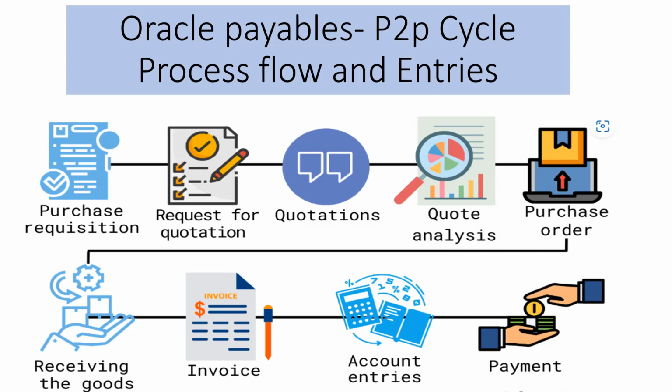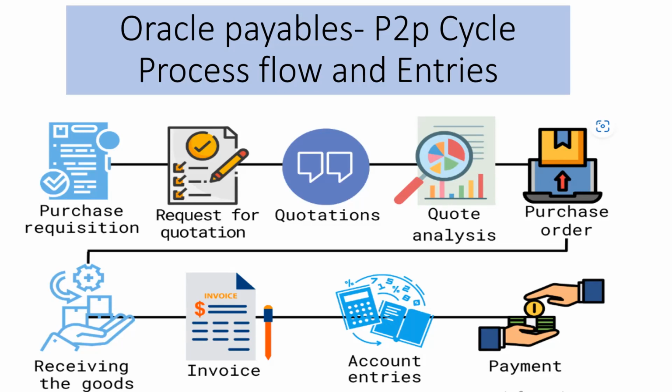The moment you enter the invoice in the payables module, we can choose the PO number, so that automatically the business unit, supplier details, and the items we purchased through that particular PO will be populated automatically on the screen. And accounting entries.